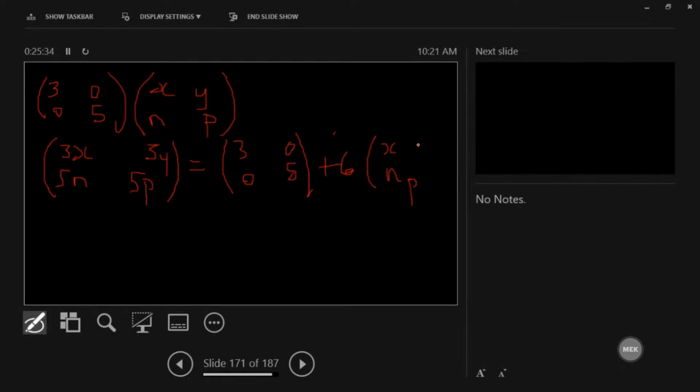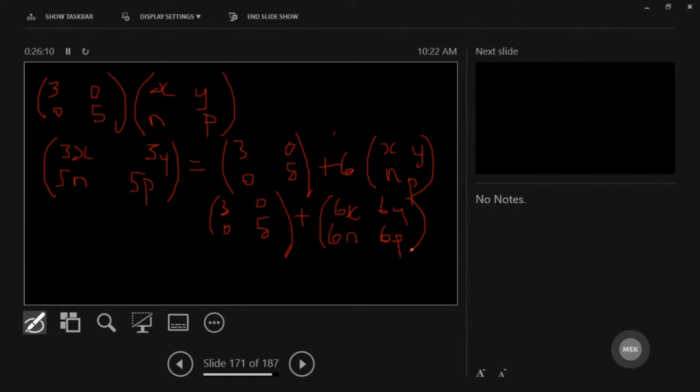So we just need to multiply each of these terms by the 6. So it will be [3, 0, 0, 5] plus 6 times each of those would give 6X, 6Y, 6N, and 6P.